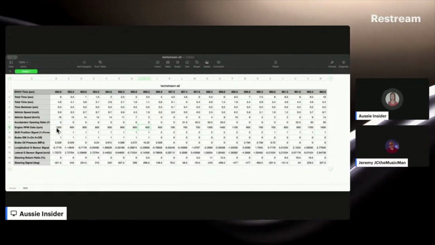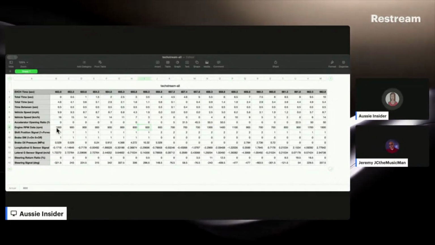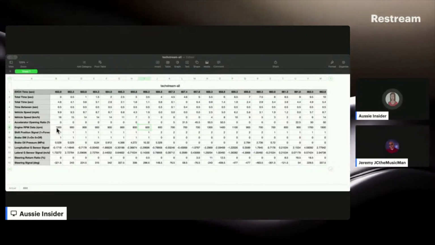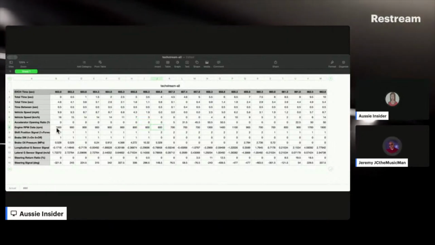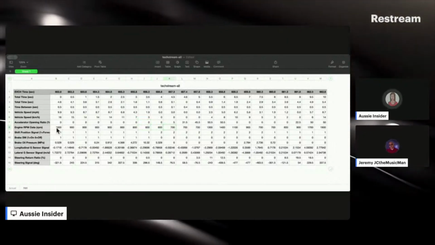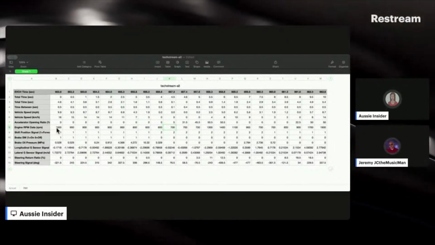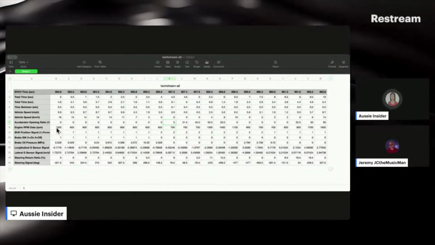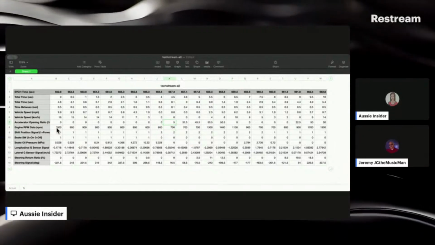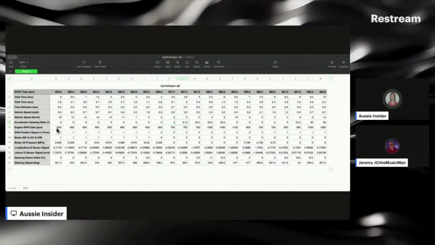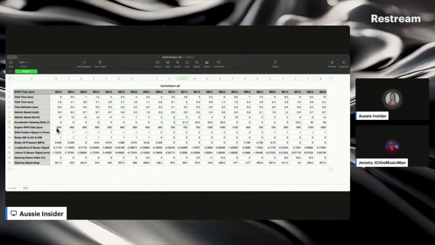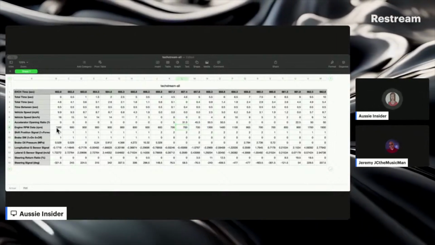And then here it's dropped down even further, but the opening ratio is still 0. And then it's dropping down. Now it's down to 700 revs per minute, but the opening ratio has moved up to 5. And then the opening ratio increases to 31, but the RPMs are still only 700.